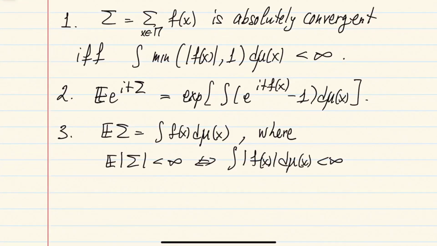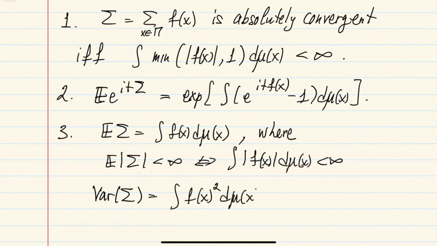And again, if the expectation is defined, then the formula for the variance is the integral of f of x squared with respect to the mean measure, where the two sides are either finite or infinite at the same time. But this statement assumes that the expectation is well defined.